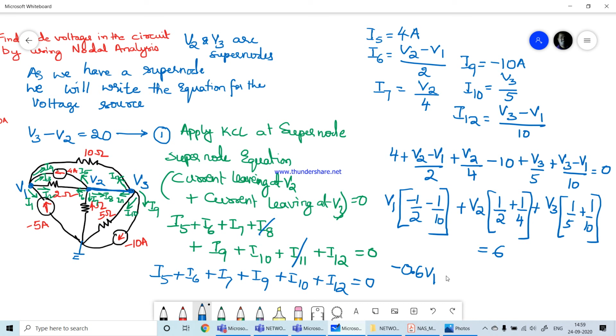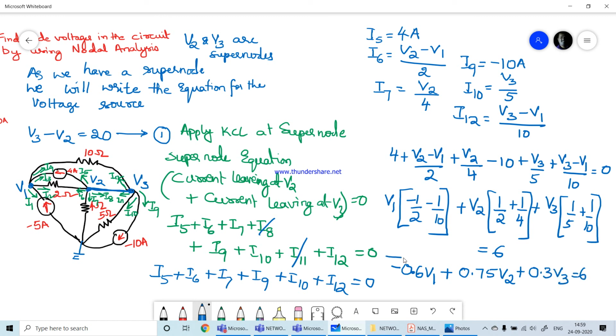Then plus, 1 over 2 is 0.5 plus 0.25, 0.75 V2, plus 1 over 5 is 0.2 plus 0.1, 0.3 V3, and this will be equal to 6.